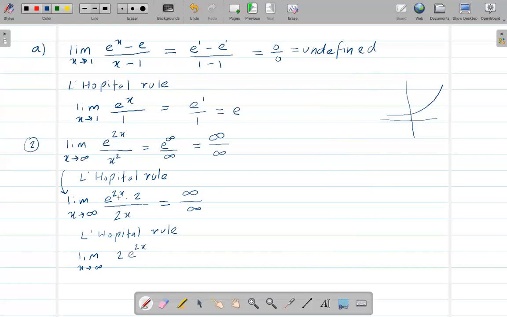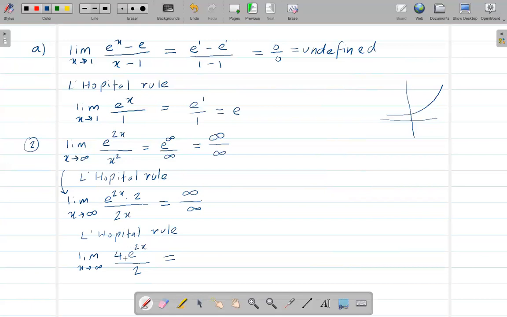And again, when we take the derivative of 2x, we have just 2. So 2 times 2 will be just 4. Divided by 2x, and then we take the derivative of 2x, it will be just 2. All right, now see if we get something from this.